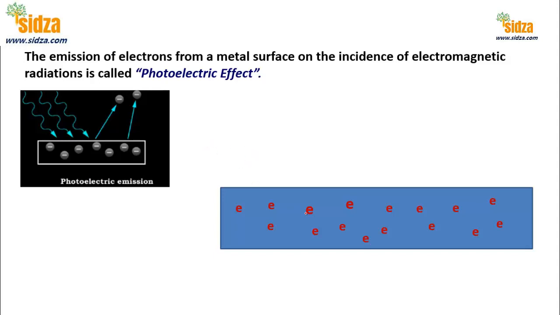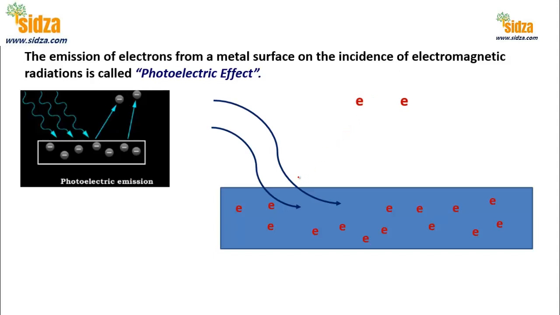When we take a particular metal surface and strike certain radiations on it, we observe that the electrons absorb this energy and get ejected. If you increase the energy, that is, the frequency of these radiations, the electrons are ejected with a higher and higher velocity.